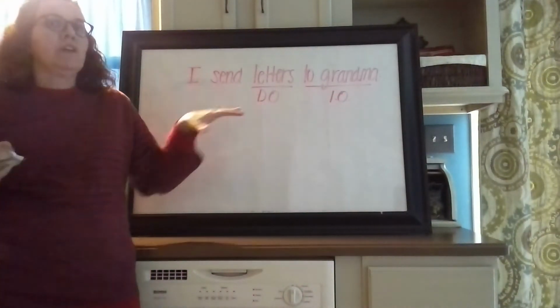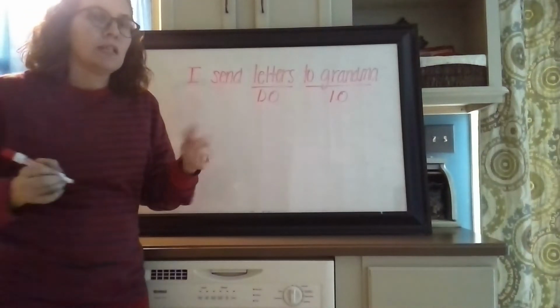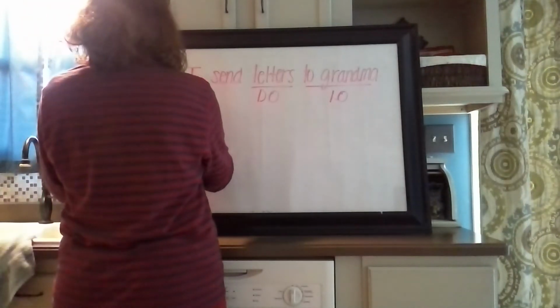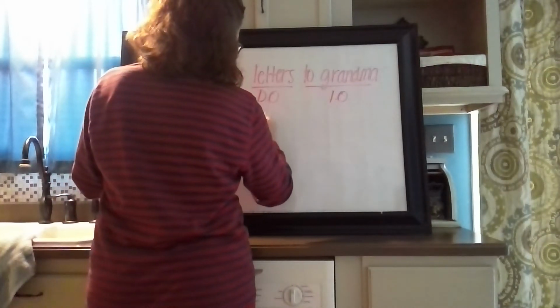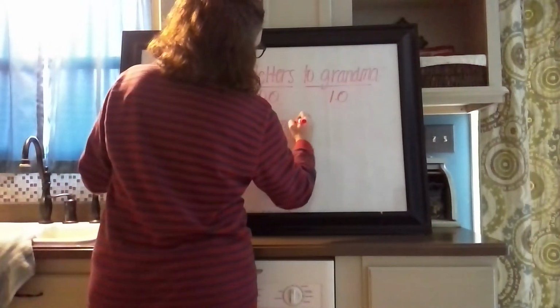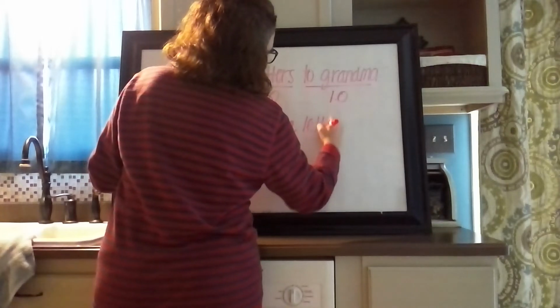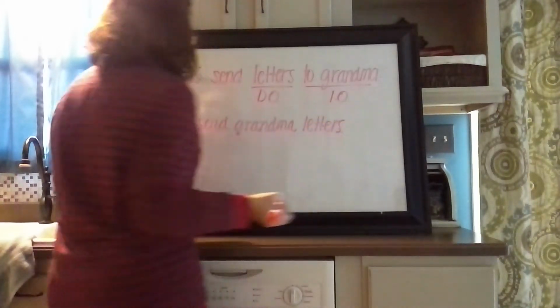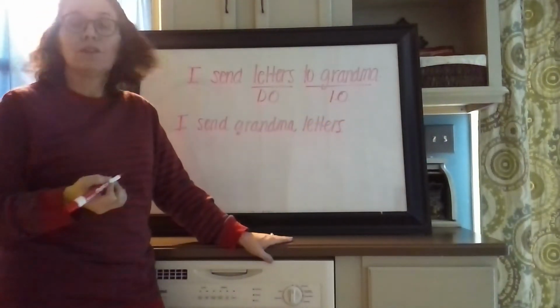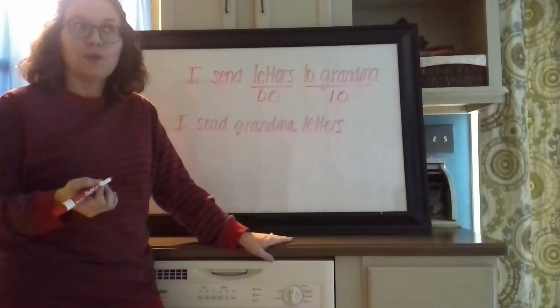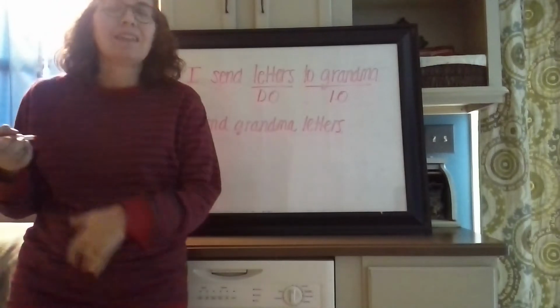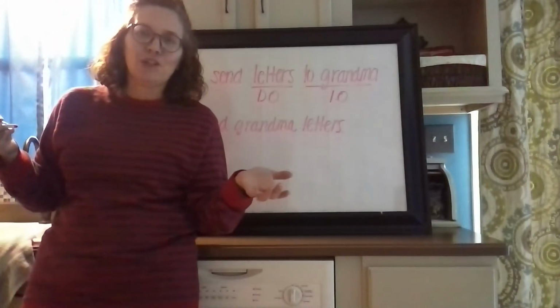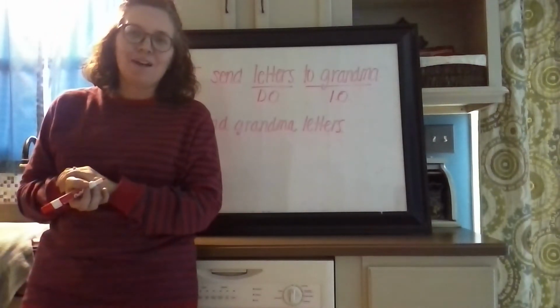Now this seems very obvious, but let's look at the next sentence. I send Grandma letters. Okay, well, don't get confused by this because we tend to think that whatever is after the verb must mean our direct object.